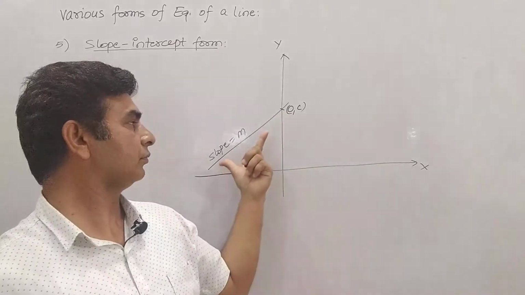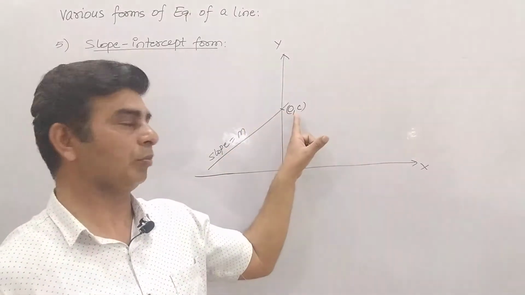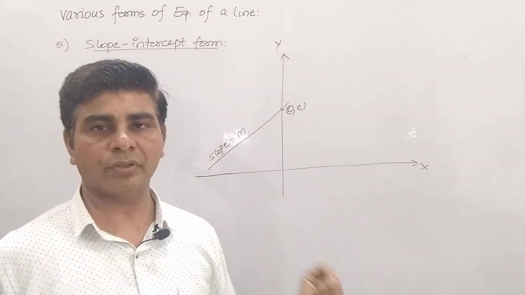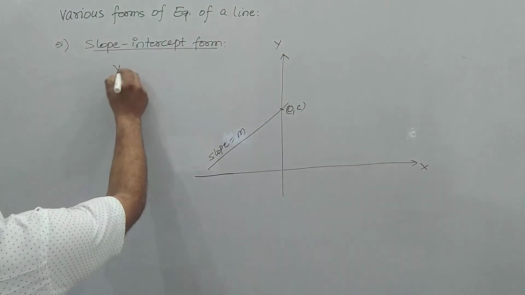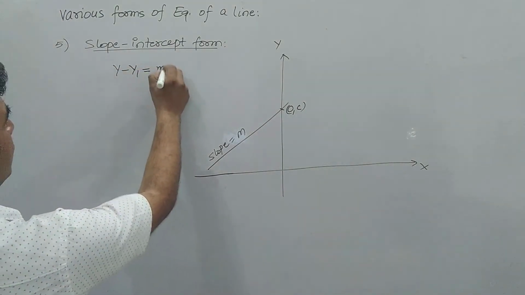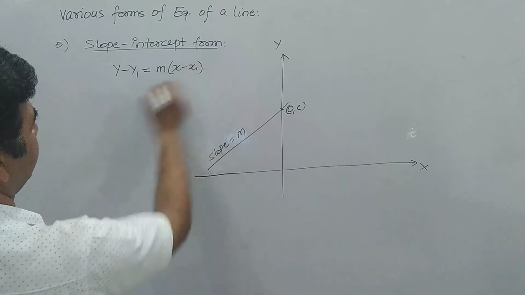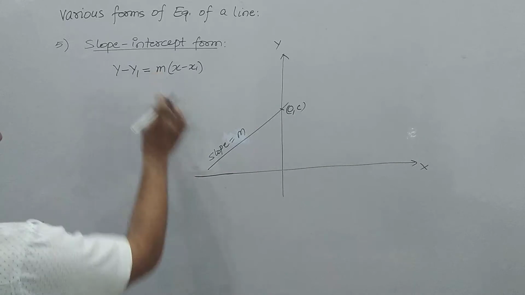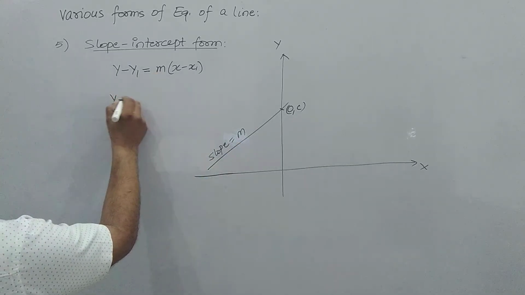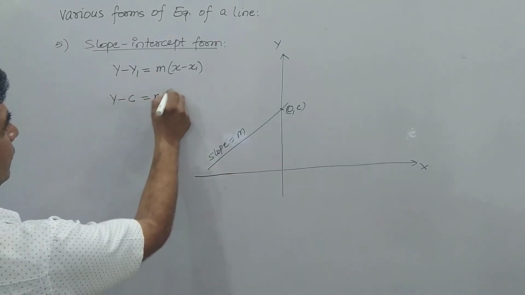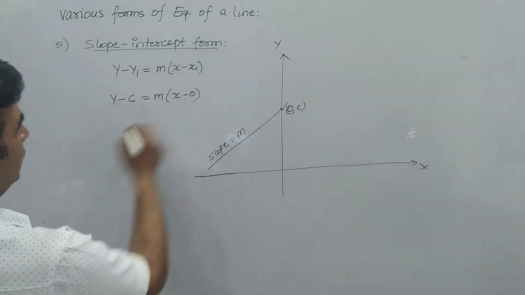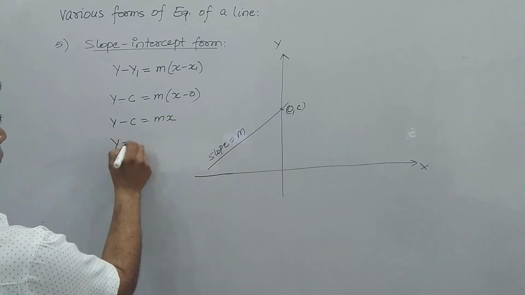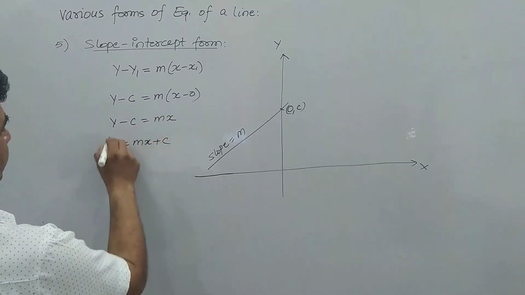So now we have a line which is passing through a point and having slope m. So we can apply the point slope form, which is given by y minus y1 is equal to slope times x minus x1. Here the point (x1, y1) is given as (0, C), and the slope is already given as m. So this is y minus c is equal to m times x minus 0, or further it can be written as y minus c is equal to mx, or y is equal to mx plus c.